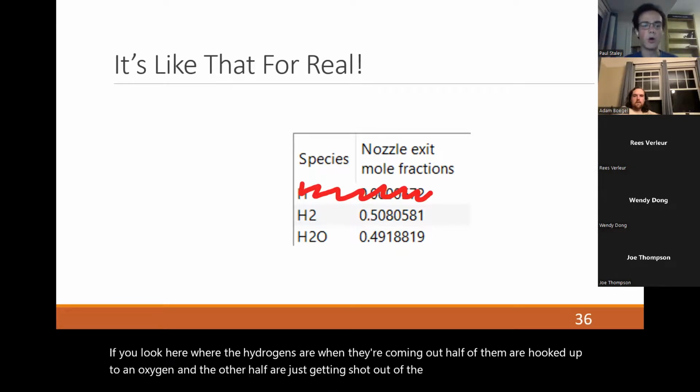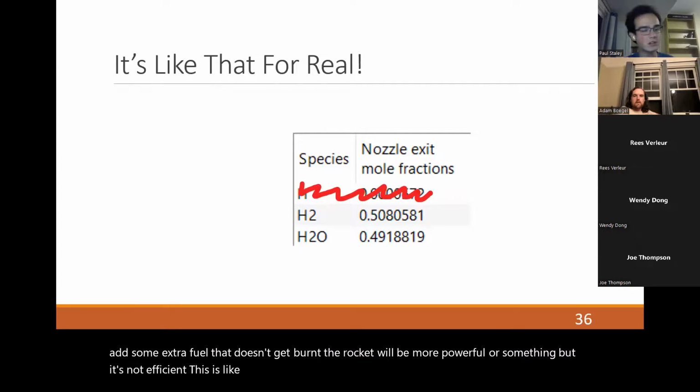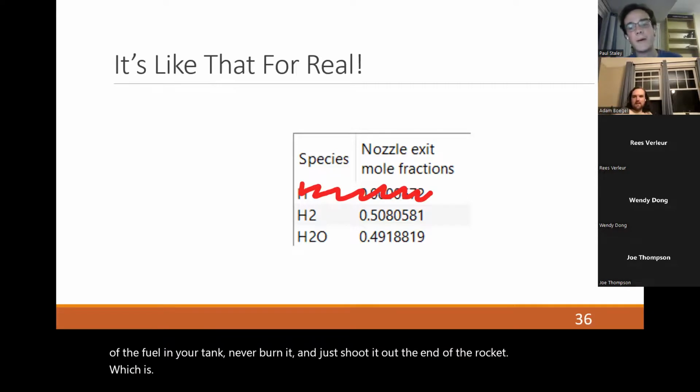This isn't like, oh, if we just add some extra fuel that doesn't get burnt, the rocket will be more powerful, but it's not efficient. This is efficiency. We're still talking efficiency. It's more efficient to take half of the fuel in your tank, never burn it, and just shoot it out the end of the rocket, which is really weird to think about.